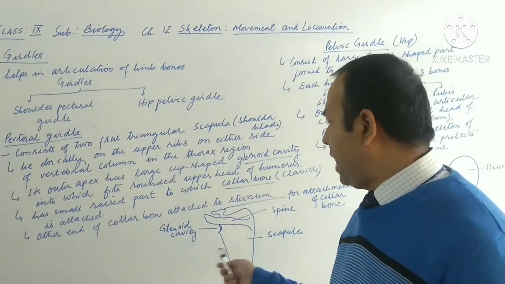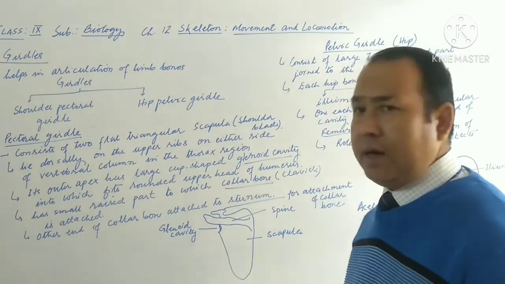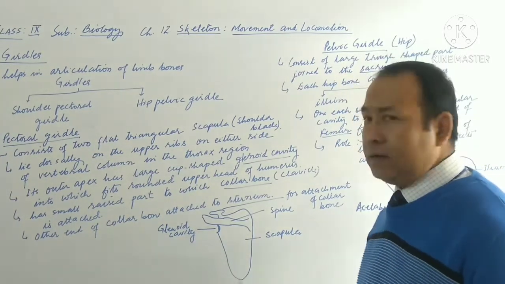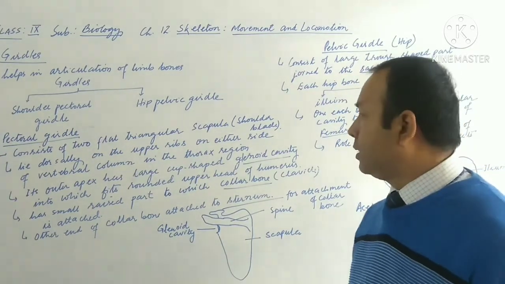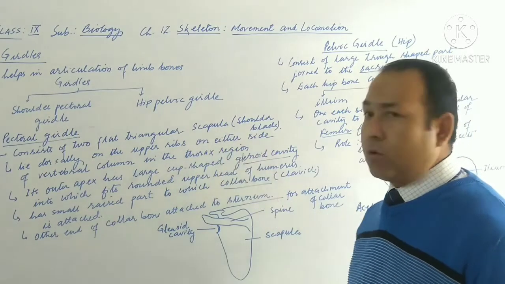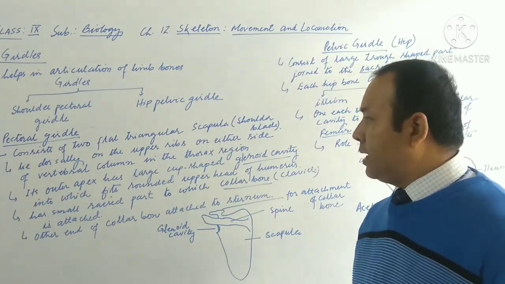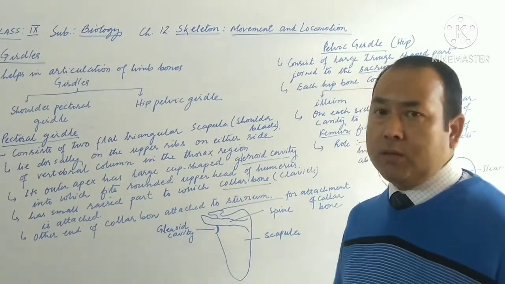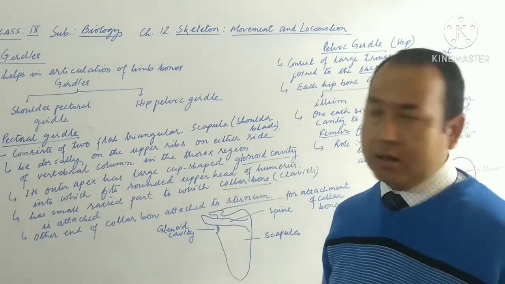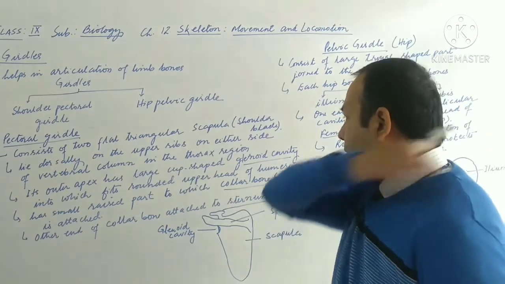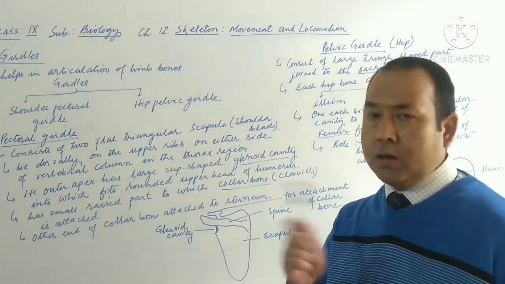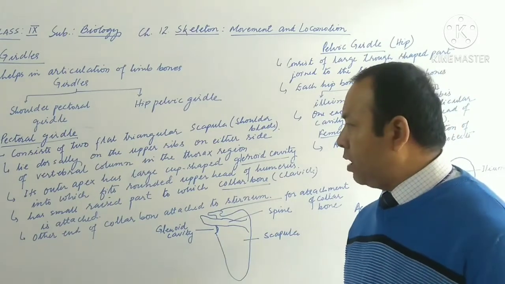It consists of two flat triangular blades, you can see its shape, which we call scapula, also called shoulder blade. If you talk about its location, they lie dorsally, dorsally means on the back side, on the upper back on either side of the vertebral column.